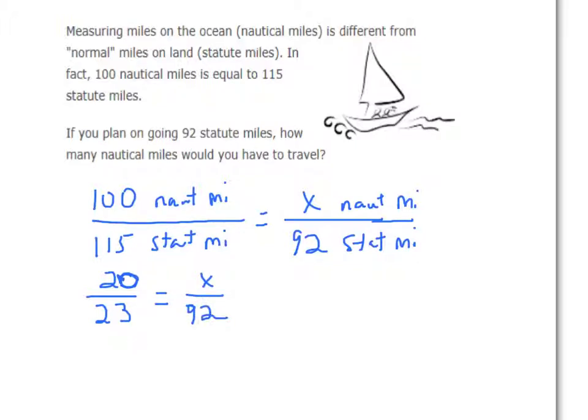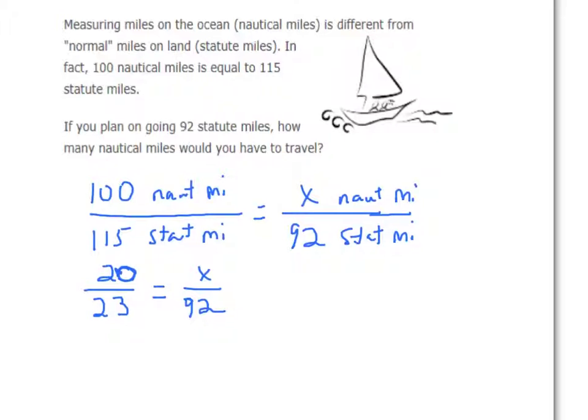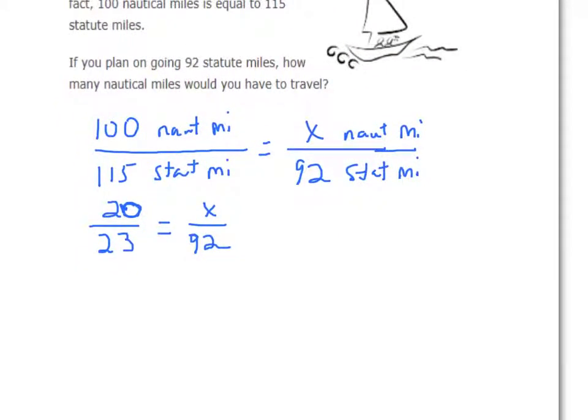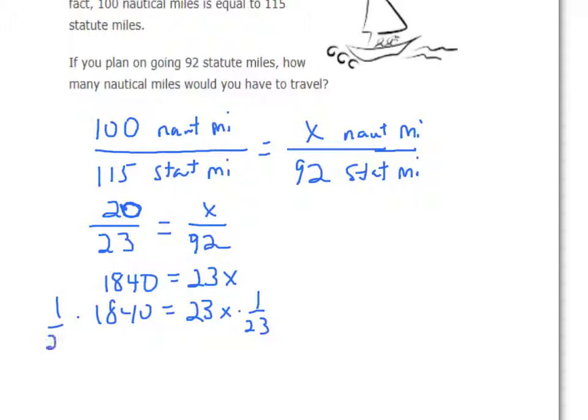So just finishing up the work here. This time I'm going to use the cross products property. I'm going to say 92 times 20 is 1840, which equals 23x. I'd want to multiply both sides by 1 over 23, so we end up with 1840 divided by 23. How many 23s in 184?